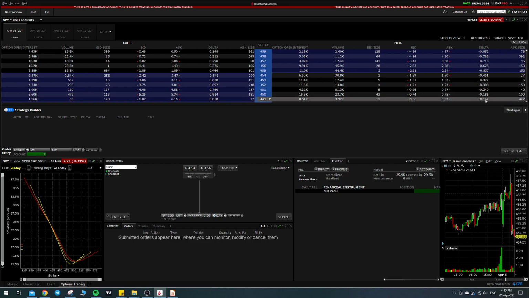And the same here, you would have a 14% chance that the price is going to be below 449, but one minus that is an 85% chance that the price is going to be above 449 if you were a put seller. So yeah, I hope this makes sense.